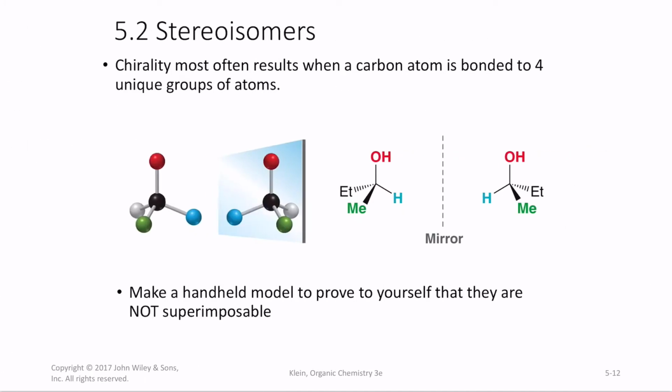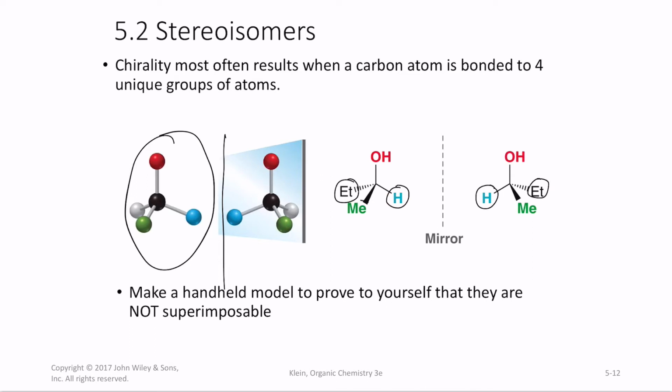Let's take an example of a chiral molecule. Let's say I have this molecule here. If you look at it, this is the mirror image of this molecule. Both of them do not look identical at all, because when you put it in the mirror, the one right in the front will come in the front, the one in the back will stay in the back.